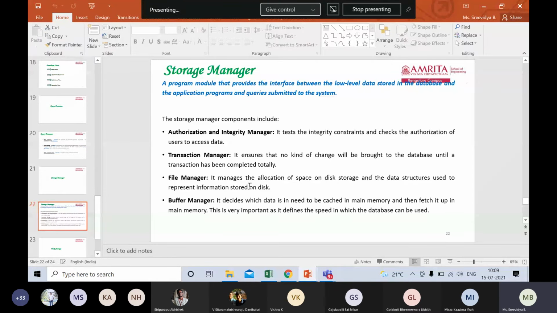When I say authorization and integrity manager, they take care of all the authorizations and all the integrity constraints. When I say integrity constraints are being maintained, it means that, see, you all have already executed the primary key. You know what is a primary key, you know what is a foreign key.